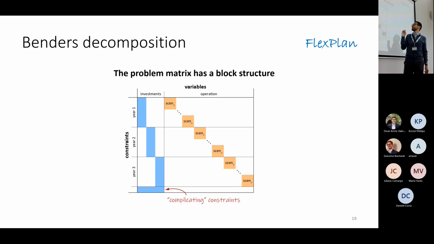And so if we manage to fix investment decisions, the problem can be split in another way, into an integer part and a continuous part, where each scenario is independent from the other ones. By doing that, we also gain by considering problems of different computational complexities, because if investment variables are fixed, these problems are linear, and there are no more integer variables in them.